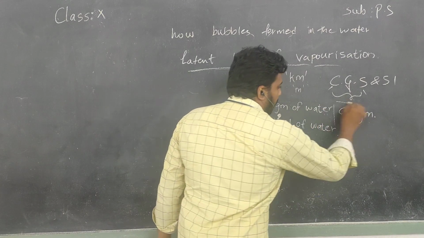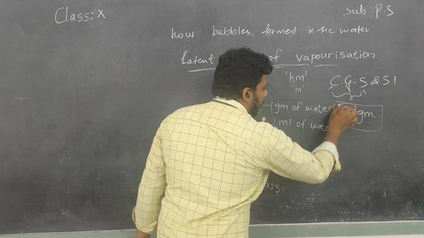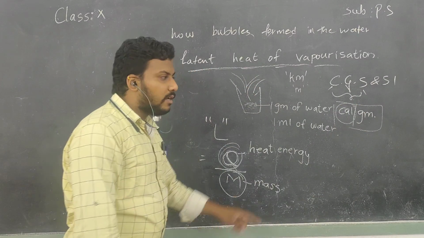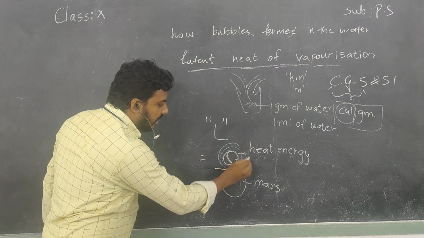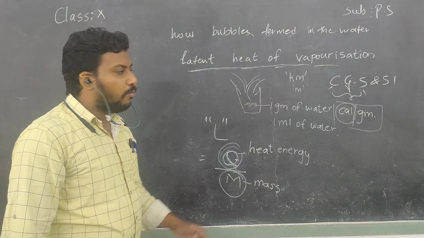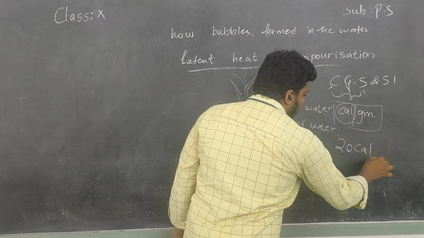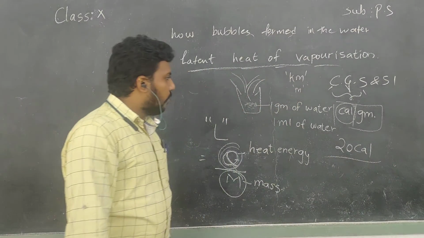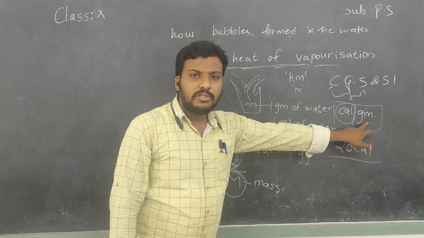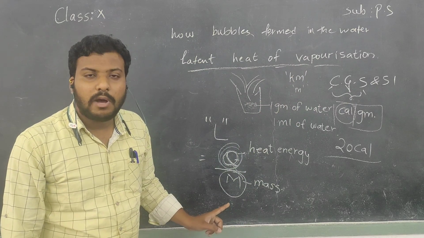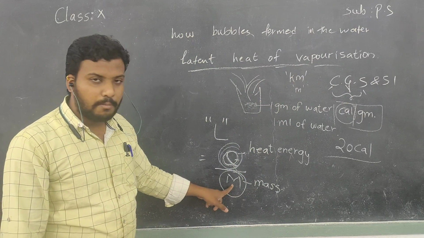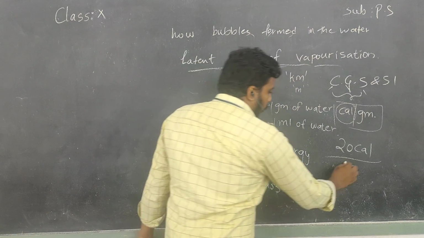So children, listen carefully. Calories is used to measure heat energy. Suppose you supply 20 calories of heat energy. Grams is always measured for mass. Here mass is 1 gram.